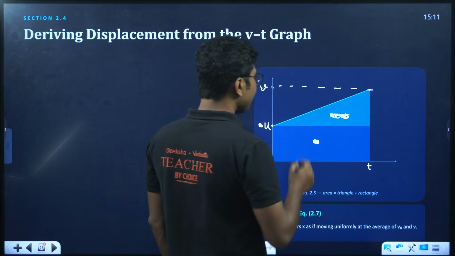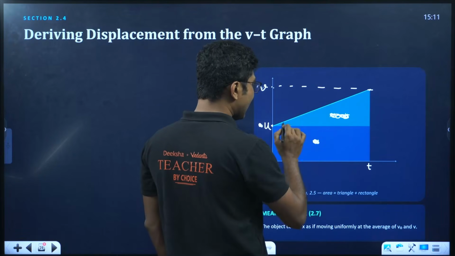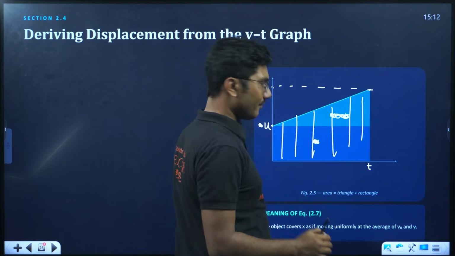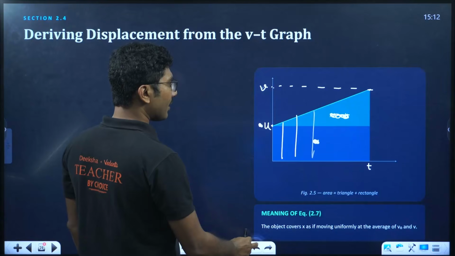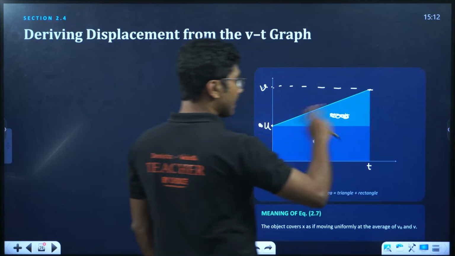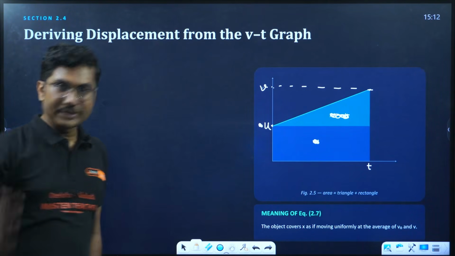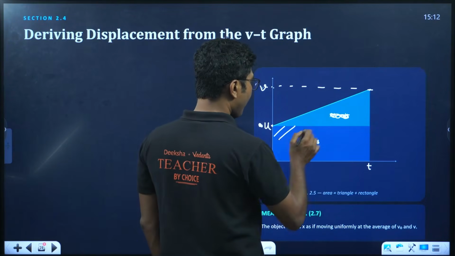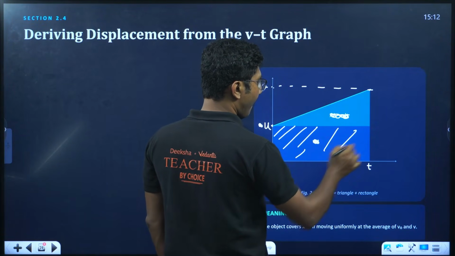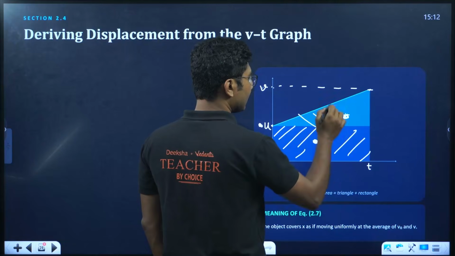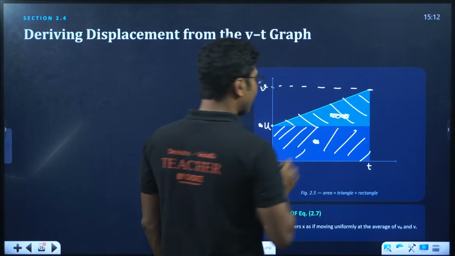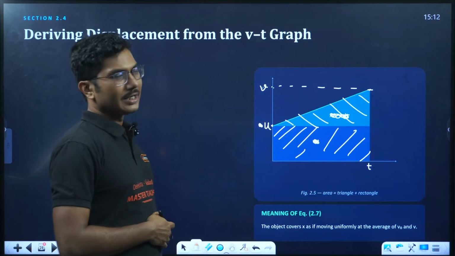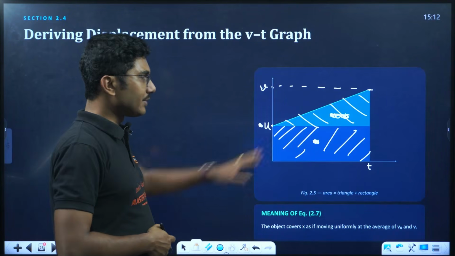Displacement, by definition, is the area under the graph. Now this area is not simple to calculate, because either you use the formula for a trapezium, or you use this is a rectangle and this is a triangle. If you can find these two areas and add them, you will get the area under the graph, which is the displacement.